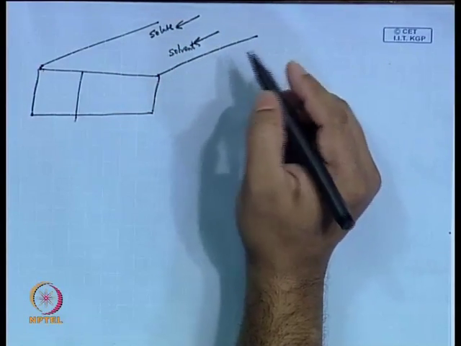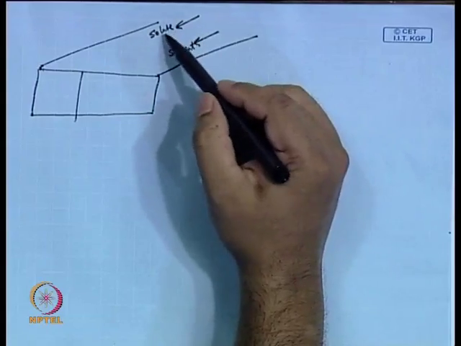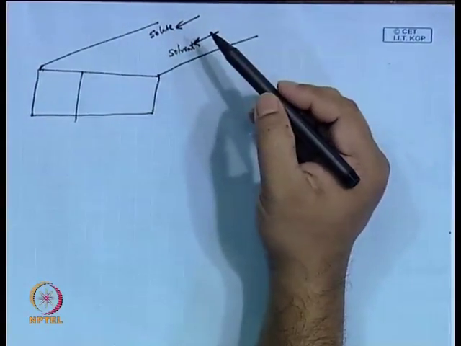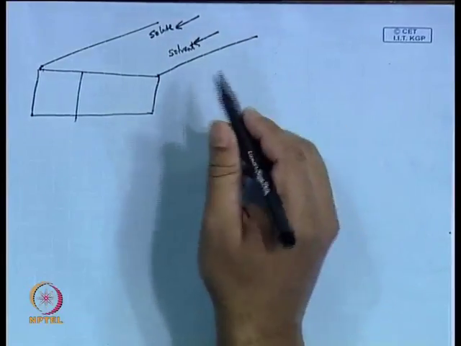Solute means solute, it is not a solid solute, it is a high concentration stream. It is basically a saline water, and another is pure water, and salt is diffusing from the solute stream to the solvent stream.